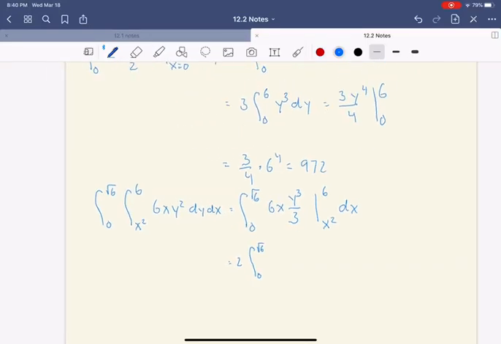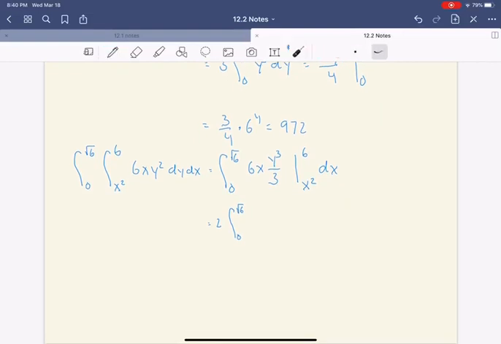Now remember, y cubed is going to go from x squared to 6. So we're going to have x times 6 cubed minus x squared to the 3rd, which is x to the 6th dx.